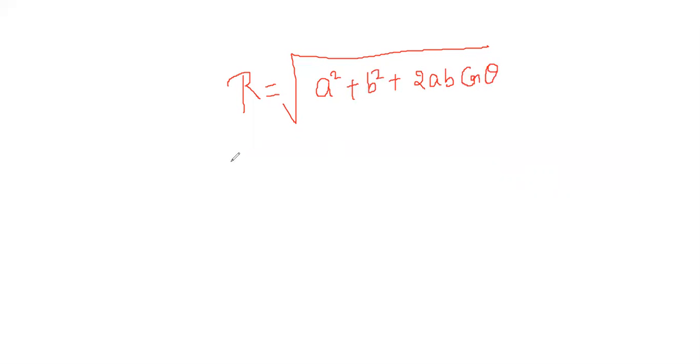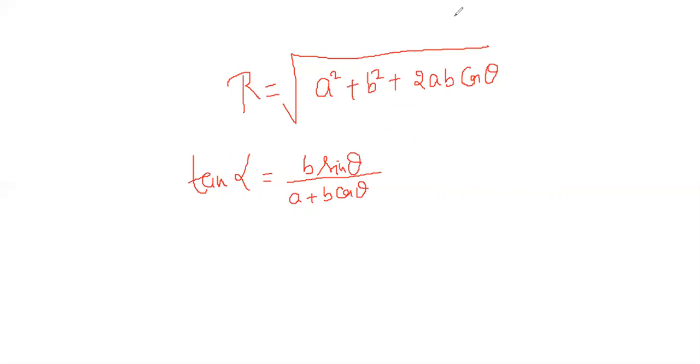And what is the value of tan alpha? Alpha is the resultant angle. Tan alpha equal to B sin theta upon A plus B cos theta. There is no change in the resultant and its direction. In theory, there are two laws: one is the triangular law and another is the parallelogram law.